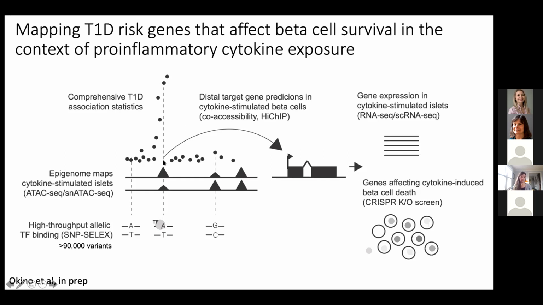We link from these sites to genes that they're potentially affecting using 3D interaction assays like HiChIP, Hi-C type assays, and also correlations between pairs of sites via co-accessibility. We measure changes in gene expression, and then we also have data from a CRISPR screen of knocking out genes in beta cells and seeing which genes increase or decrease cell death in response to cytokine treatment when knocked out.